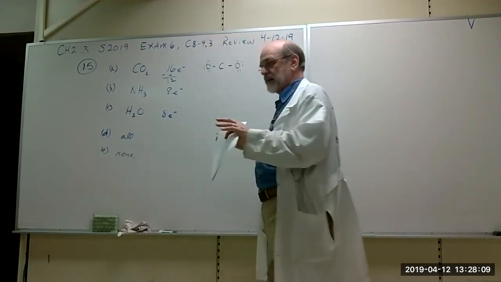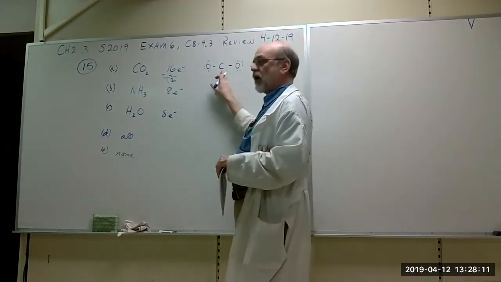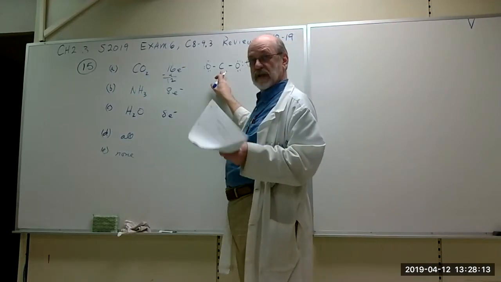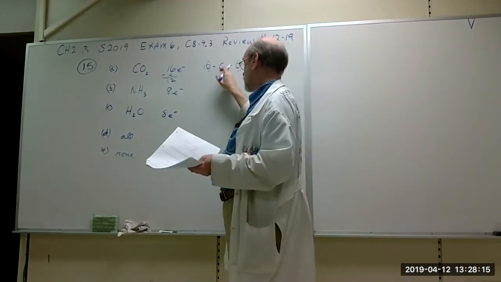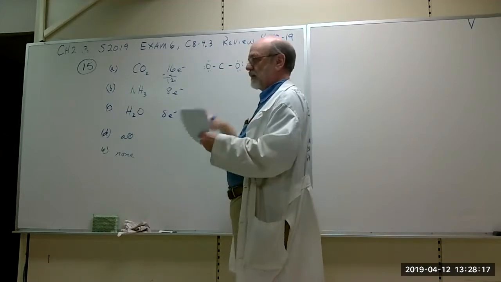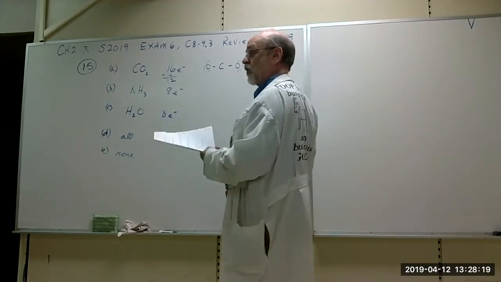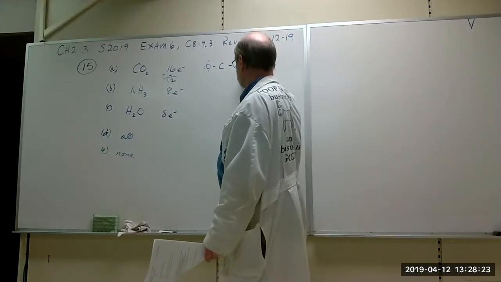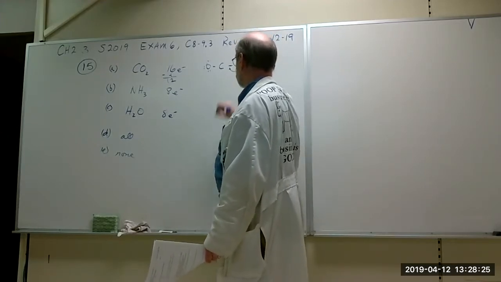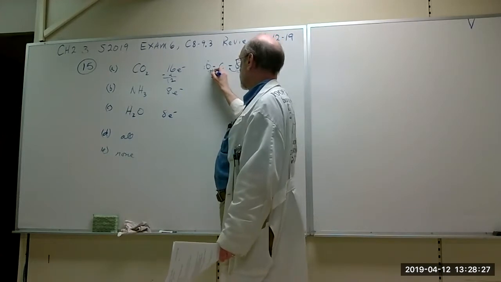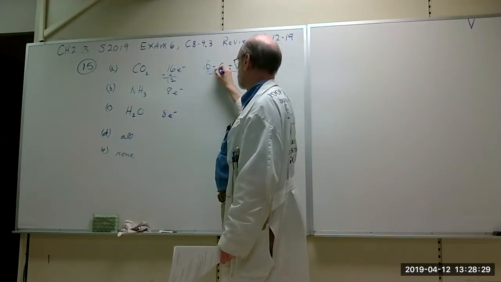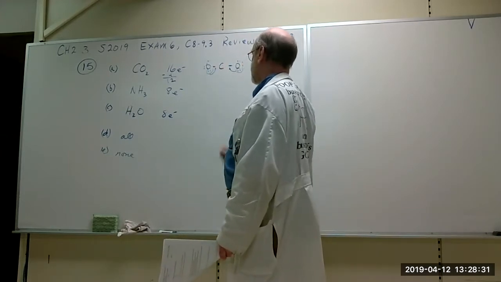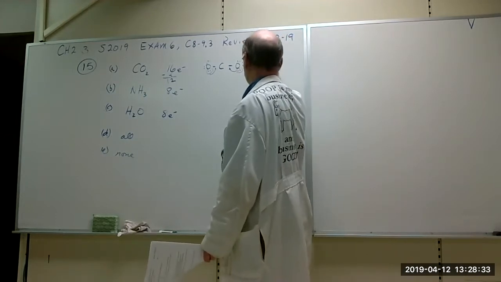All the electrons placed. But carbon needs 2, 4, 6, 8. It needs 4 more electrons. So we can take those 2, and we can take these 2.